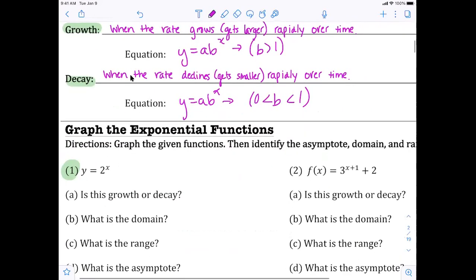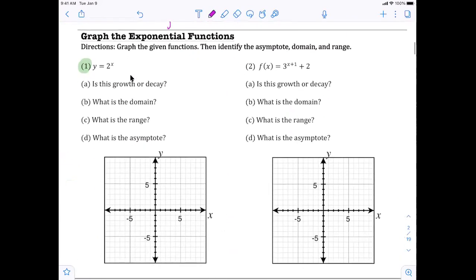So if you look down below, all we're going to focus on today specifically is what does an exponential function look like? Similarly to when we work with square roots, cube roots, roots in general, this one is a little bit of a twist on that, in that there actually is something called an asymptote.